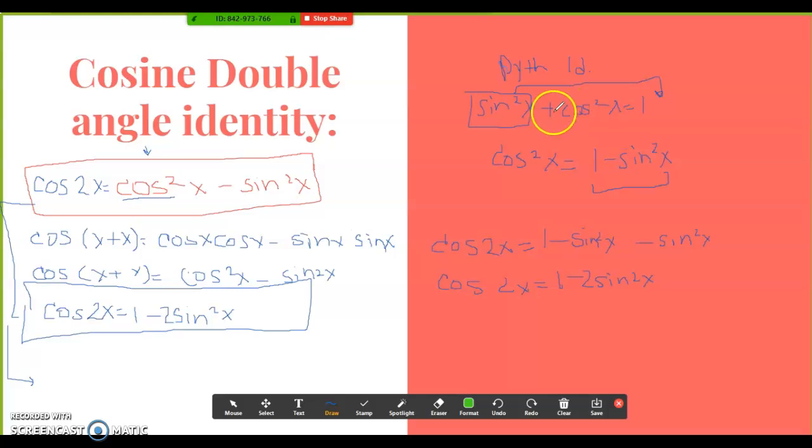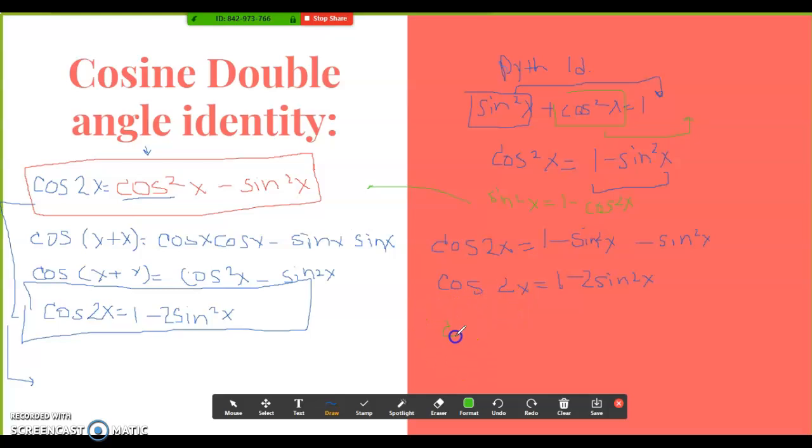If I was to take cosine and this time move cosine to the other side by subtraction, I would end up with the sine squared of x equaling 1 minus cosine squared x. Now, if I go back to the original double angle identity over here, and for sine squared x, I substitute 1 minus cosine squared x, I would end up with this.